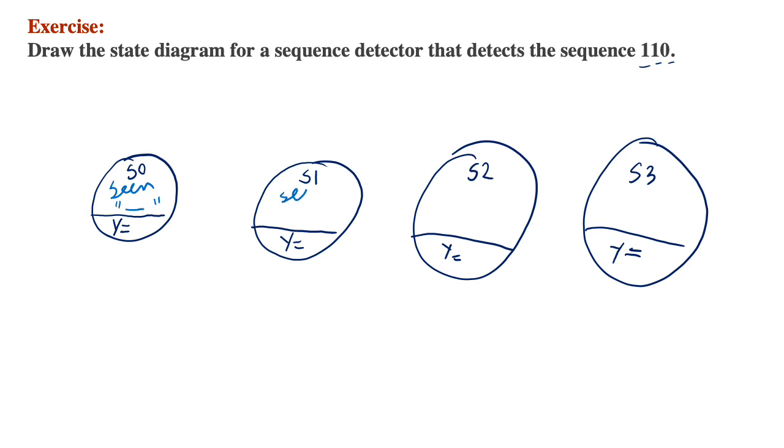The first state, state 1, will have the first bit of the sequence, which is simply 1. And then in state 2, you can say seen the first 2 bits of the sequence, which are 1 and 1. In state 3, we're going to put the entire sequence, so the bits 1, 1, and finally 0.